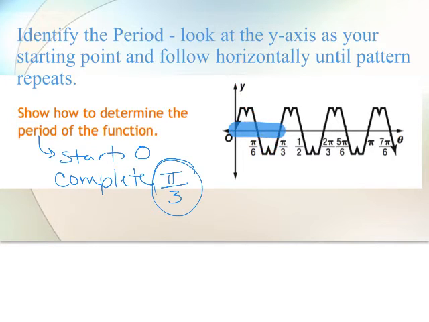So that's what they're looking for when they ask what's the period or the cycle. It's the ending value of where your pattern starts. Now, that's because I started at the y-axis origin. If you start somewhere else, then you would have to do slightly different calculations, but for me that would be the easiest starting point.